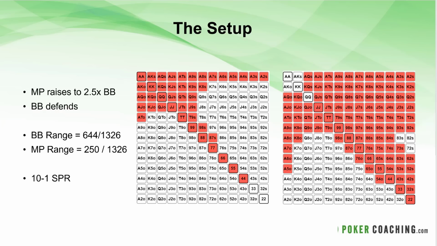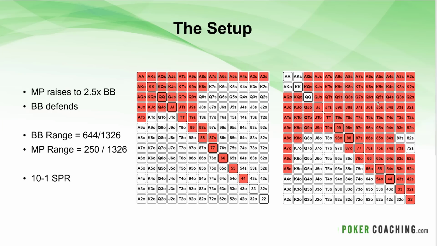As a refresher, this is the setup that we had from the first webinar. Middle position raises to 2.5 big blinds. Big blind defends. These are the ranges. In position range, about 18%. Out of position range, we just have them three-betting queens, kings, and aces, ace-king pure. Just those are never going to be in his range. Sometimes he'll 3-bet jacks, sometimes tens.